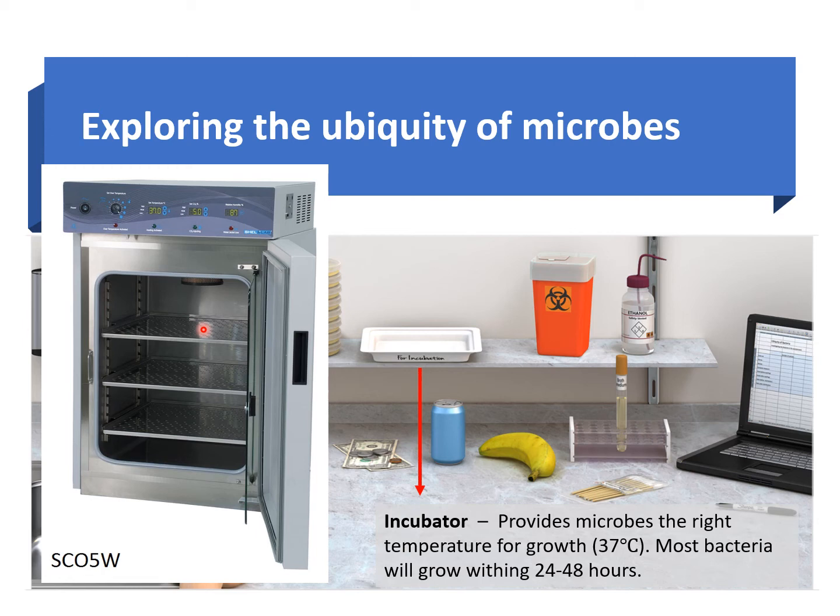Bacteria usually grow at room temperature. Room temperature, by the way, is around 23 degrees Celsius. Bacteria can grow at room temperature, and they will grow, but they prefer a bit higher temperature.